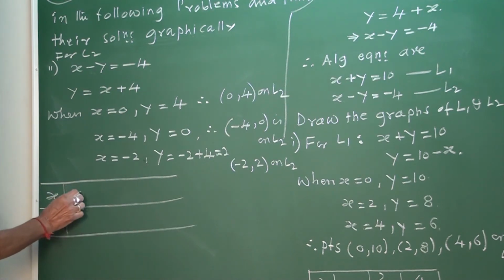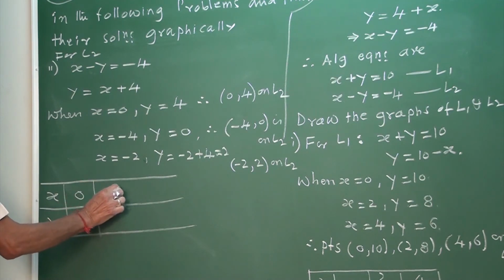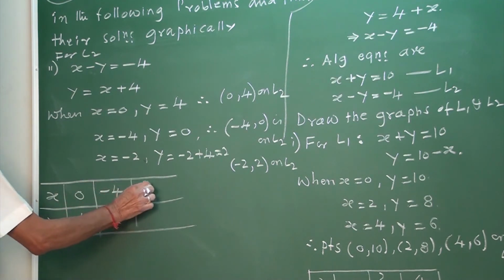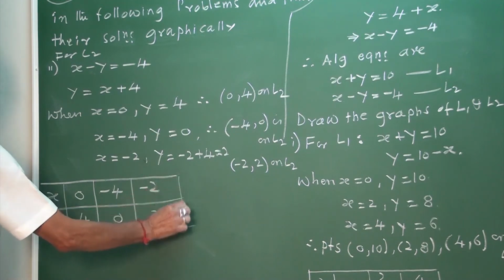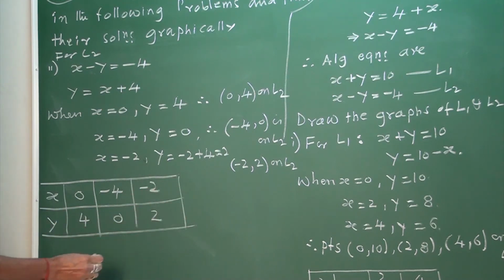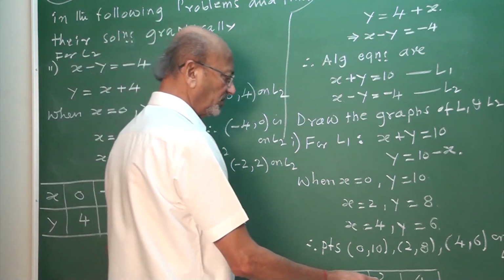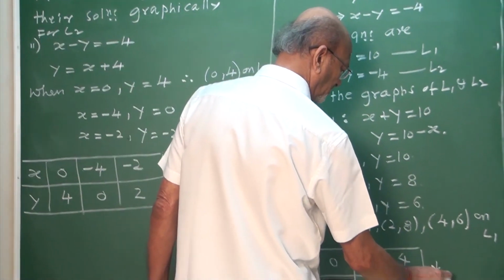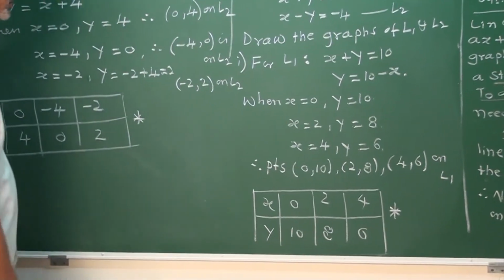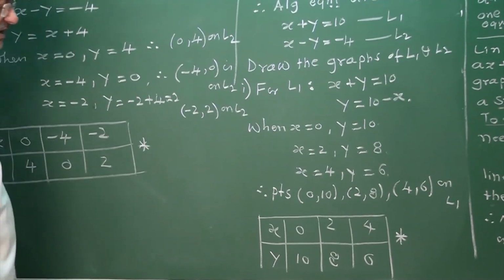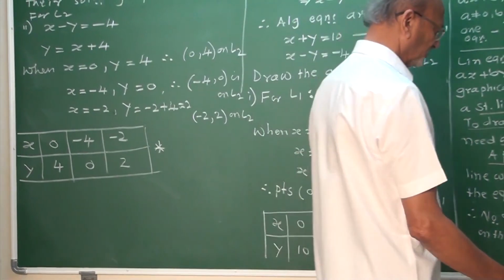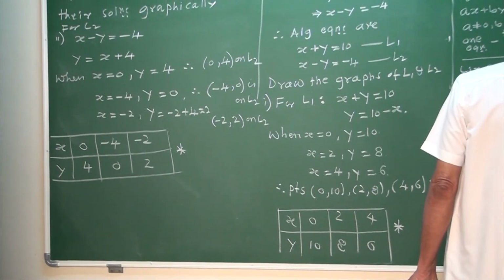First is 0, y is 4. When x is minus 4, y is 0. When x is minus 2, y is 2. These are the two tabular forms, my friends. These two play a very important role in drawing the straight lines. Yes, my friends. Now you draw the straight line graphs.